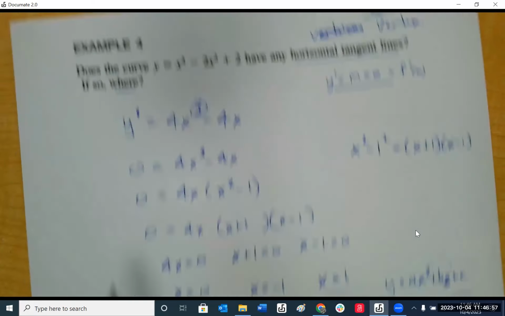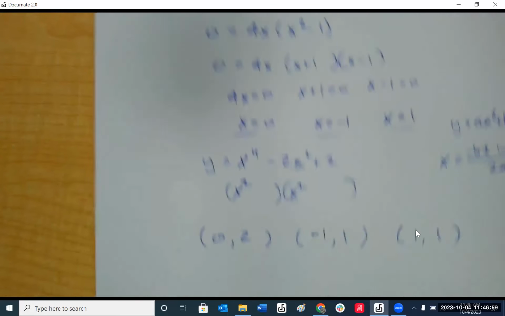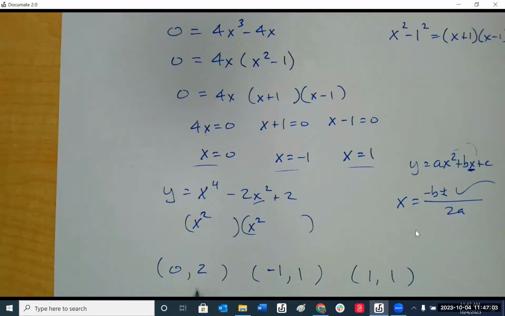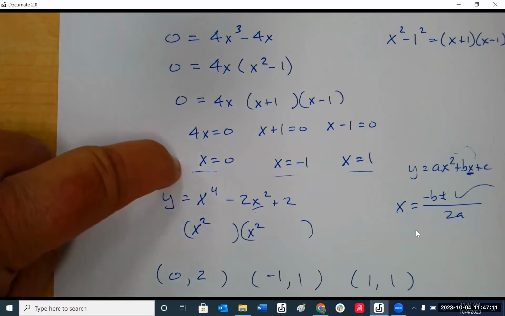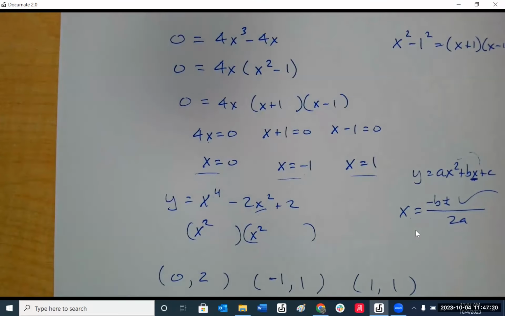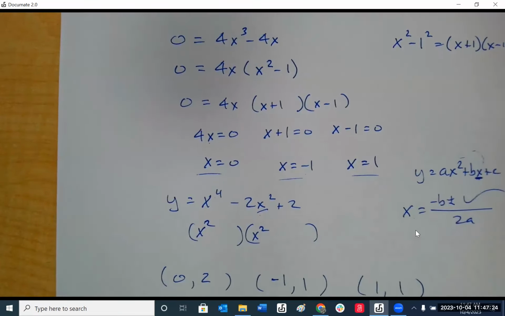They occur at x equals 0 here, but it all depends on what the question wants. So if it wants the x-intercepts, if it wants points, give them. If it wants an equation, give x equals. Again, it varies on how they phrase the question.